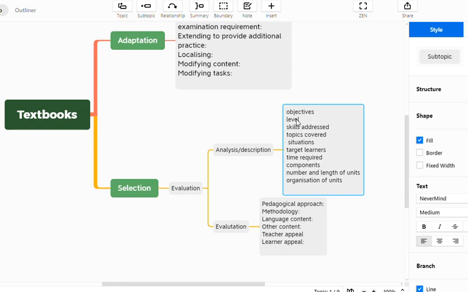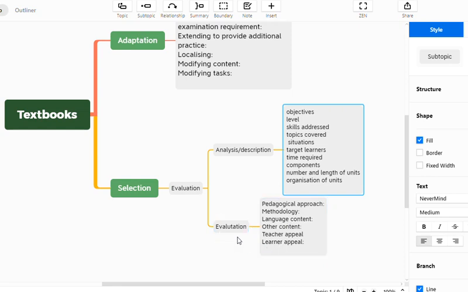Conversation is aimed at by the author of this textbook. But is that conversation authentic? Is it useful? Is it effective in helping learners to improve their conversation and interactional activities? That is the job of evaluation.